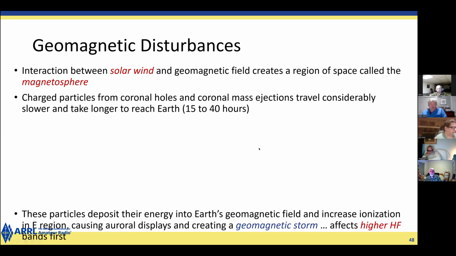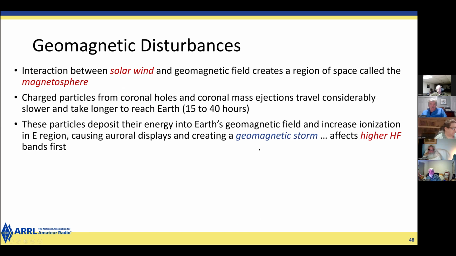But charged particles from coronal holes, and especially coronal mass ejections, if they are aimed at Earth or graze the Earth's magnetic field, can increase ionization in the E region and create a so-called geomagnetic storm, which affects the higher HF bands.